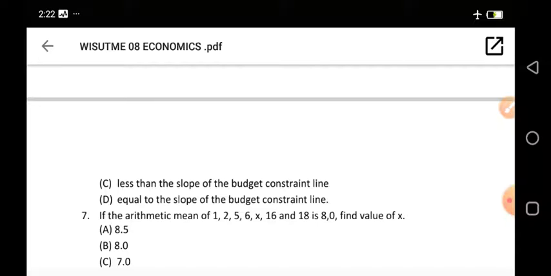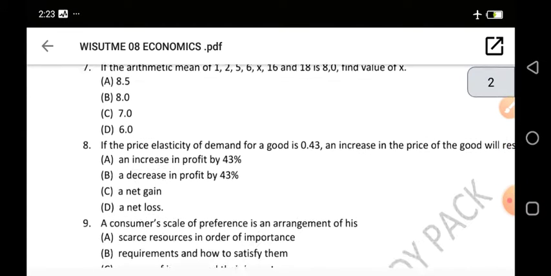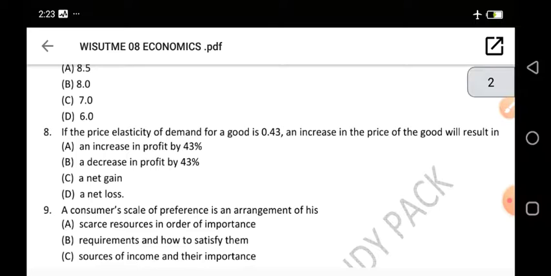When we count that, we have 1, 2, 3, 4, 5, 6, 7. That's 7. So you add all the observations and divide by 7, which equals 80. As a good mathematician, you should be able to get the answer. The answer to that question is B. So that takes us to question 8.